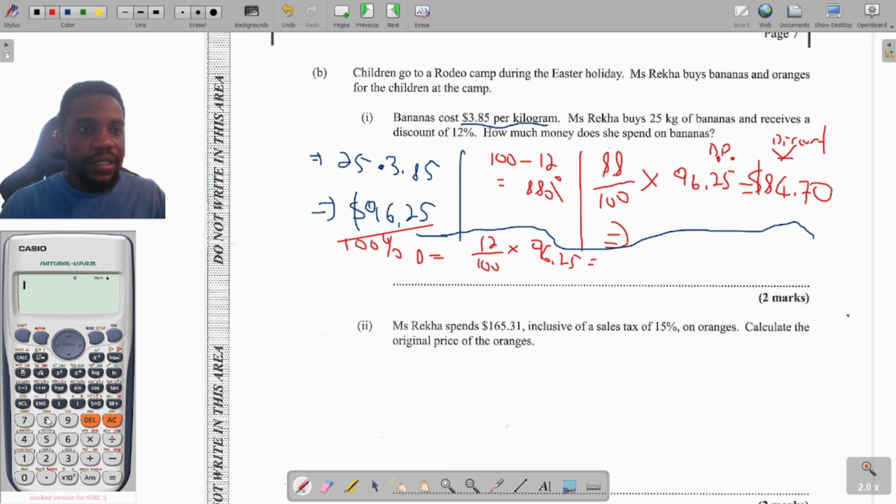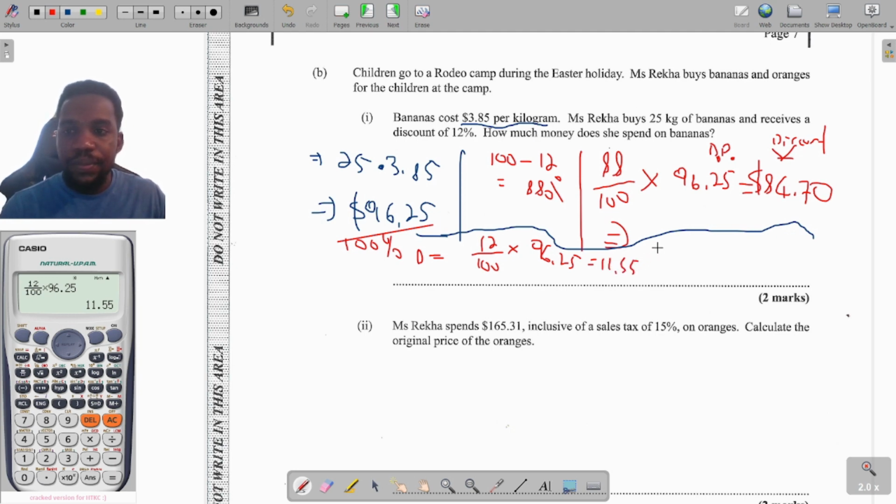So let's clear this. I'm going to have 12 over 100, and I'm going to multiply this by $96.25, right? Notice I'm allowing my calculator to do most of the work for me. That's going to give me $11.55.